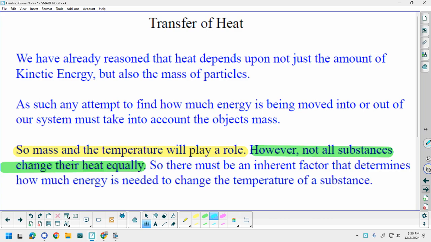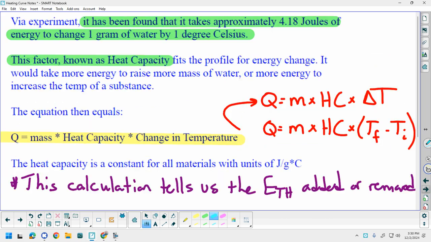We had the thermal expansion of water and alcohol, and alcohol responded to the addition of heat much differently than the water. The same thing is going to be true here as we change the temperature of different substances. So there has to be some sort of inherent factor that determines how much energy is needed to change the temperature of a substance. Some things just warm up more quickly than others.